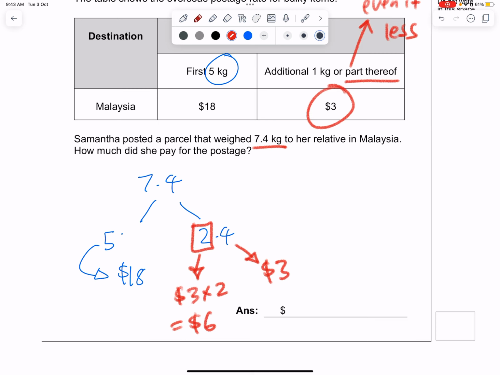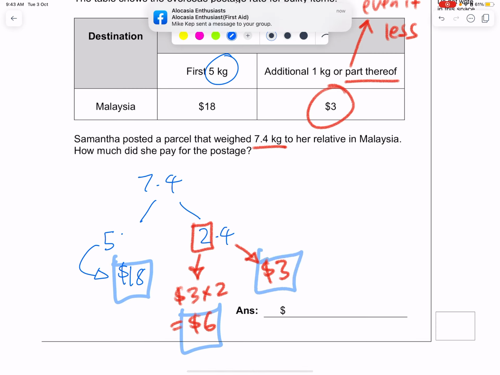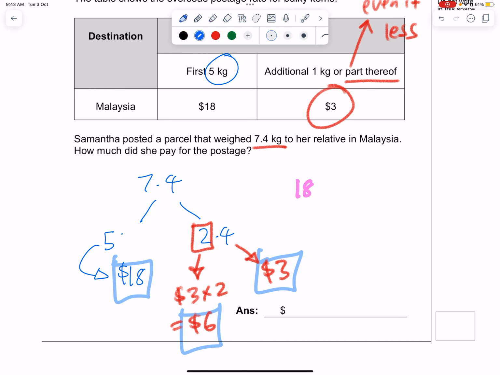So my total would be 18 plus 6 plus 3. I need to add all these things together. 18 plus 6 plus 3, my answer would be $27. And this is my answer.